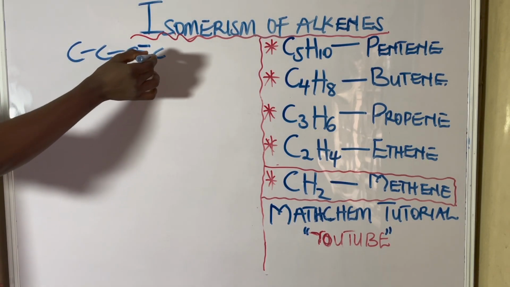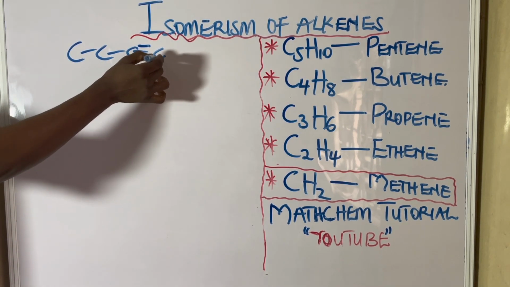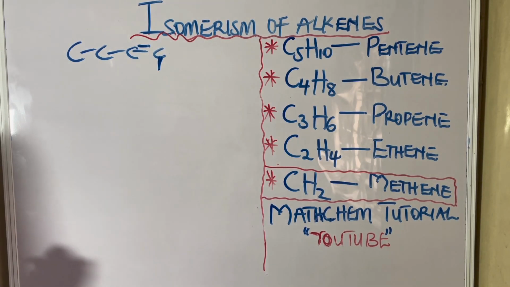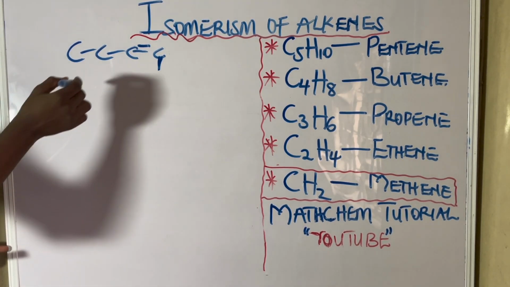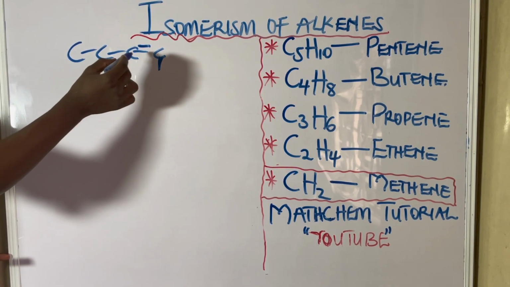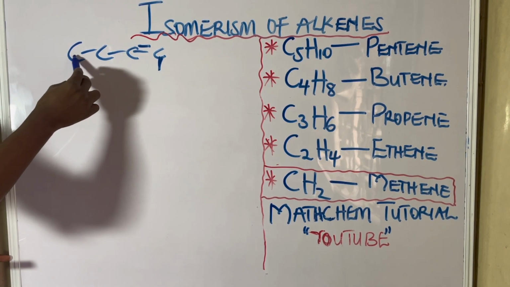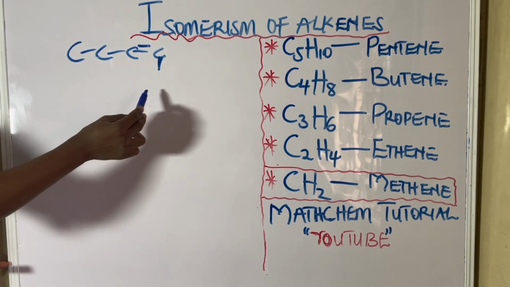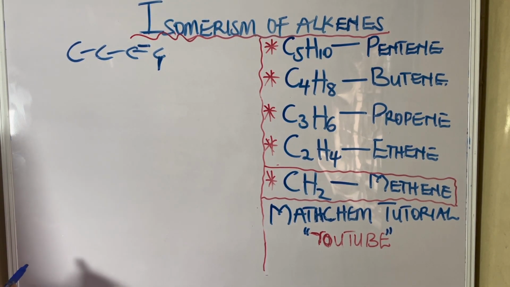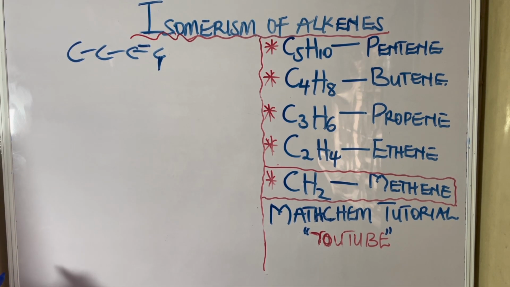So take note, if I put the carbon here as CH3, this is still going to give me 1, 2, 3, 4, 5. So this is going to give me pent-2-ene.